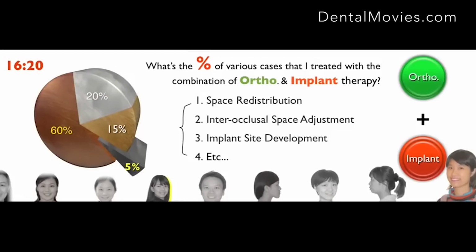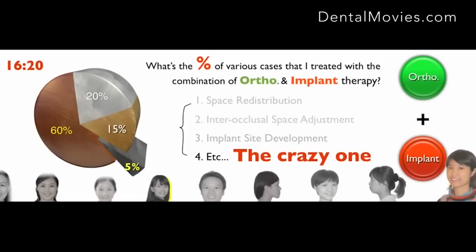The last category is etc. So I bet, Dr. Robert, you cannot find number 5. I bet you cannot, even though you are a professor. But today, since we have several diplomates already presenting a variety of the first 3 categories, I'm going to give you the last one, which is the crazy one.